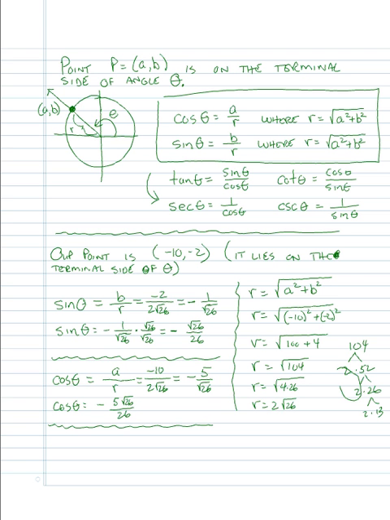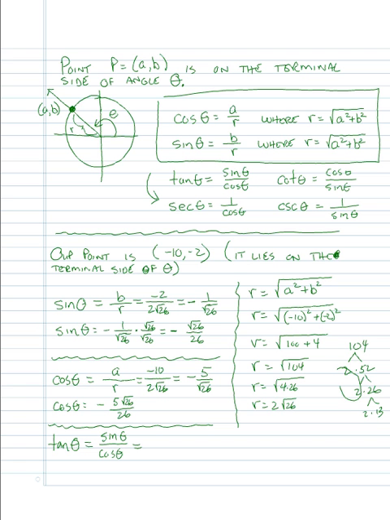Okay, I'm not going to do all 6 trig functions because we kind of have an idea of what we would normally do anyway. But let's do the tangent of theta. Now, I'm not memorizing a brand new formula here. I'm going to say, oh, tangent of theta, that's the sine of theta divided by the cosine of theta. Now, there may be a quick way to do this, but I'm not telling you there's not another way.